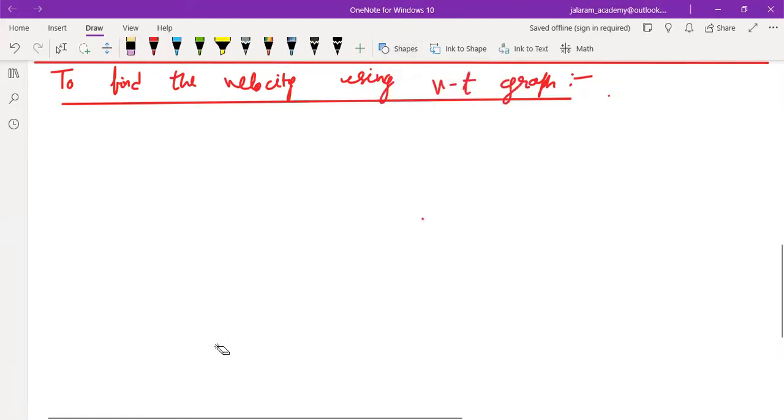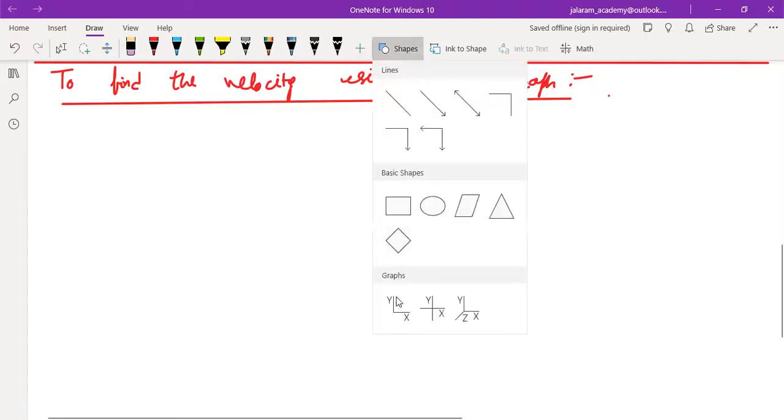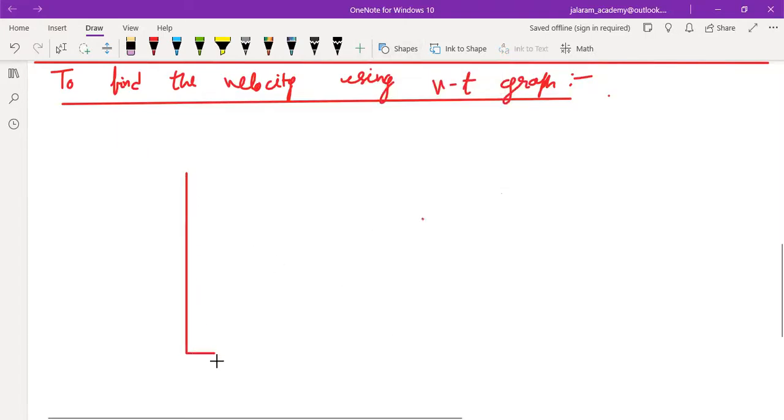Always draw the graph using pencil only, so that if there is mistake, you can make correction on that.